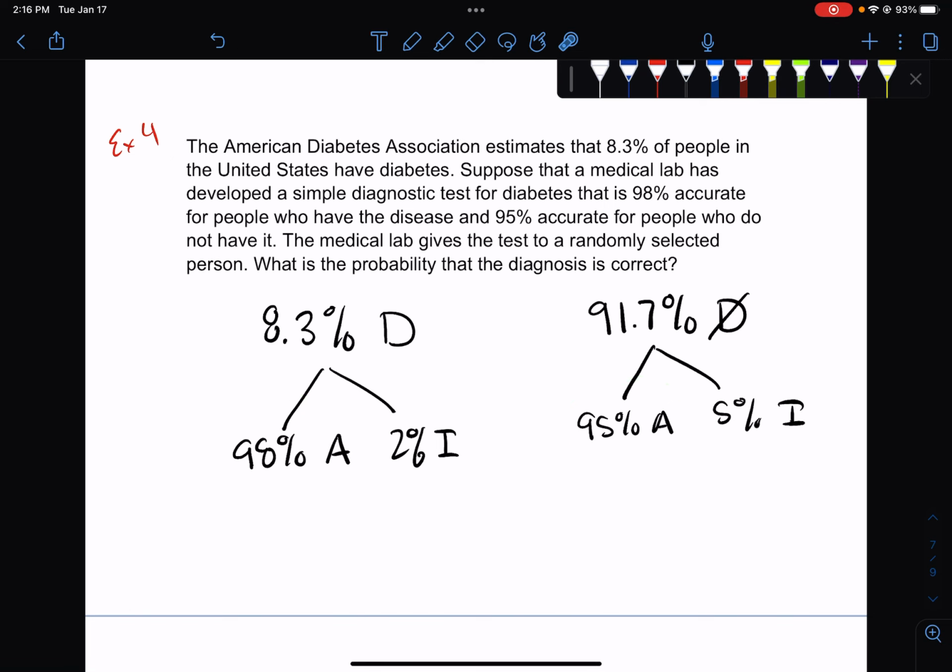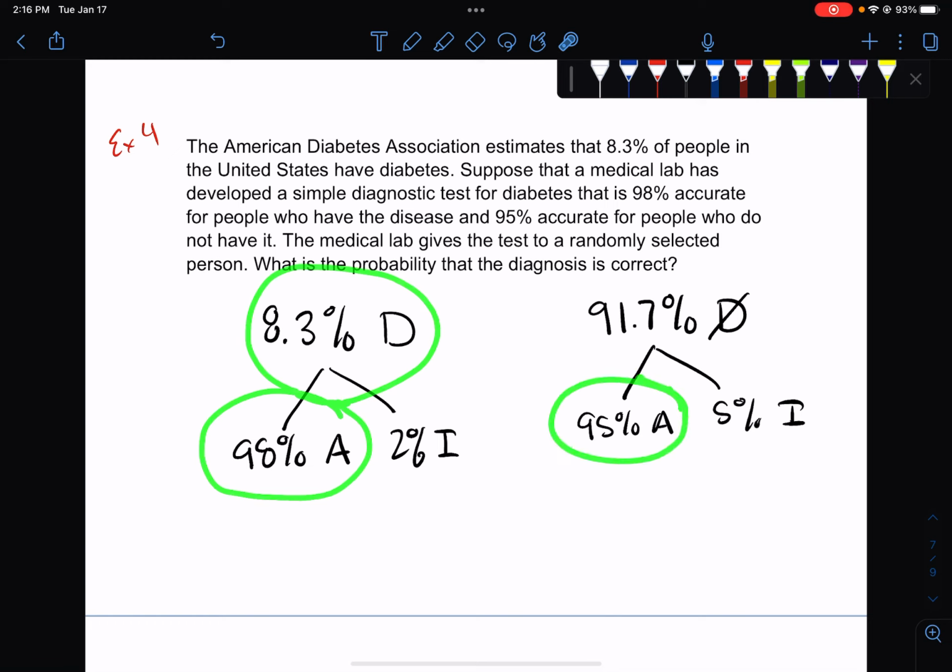But I can't just combine these percentages because this is saying that 98% of the people in this group, not out of everybody, but 98% of the people in this group, it's accurate. And 95% of the people in this group, it's accurate. Not everybody, just the people in that group.